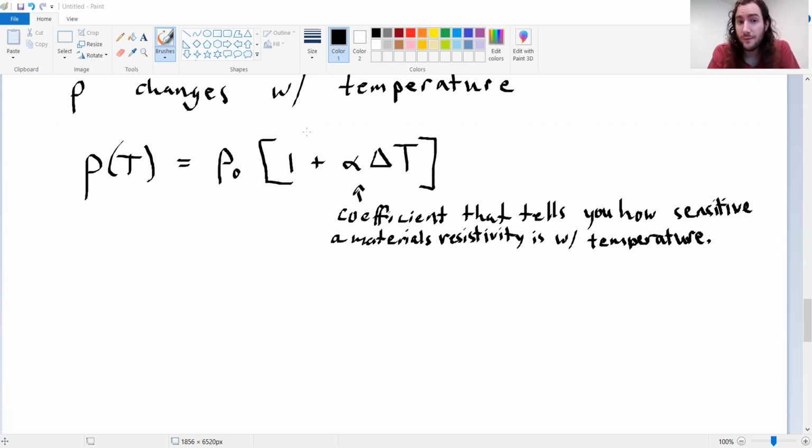I'm not sure if you guys will specifically touch on this topic next semester. It might be a good idea to do maybe one problem on it just to be a little bit more familiar with it. Okay, it involves just using that equation. So maybe it's a fairly straightforward question.